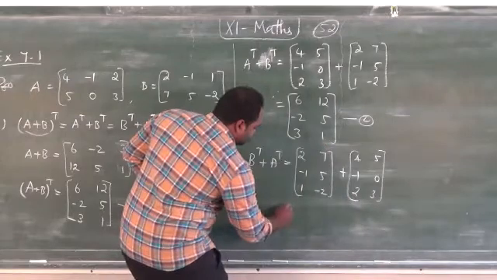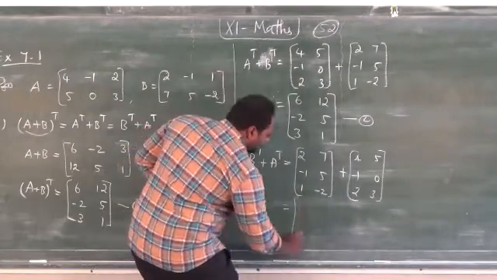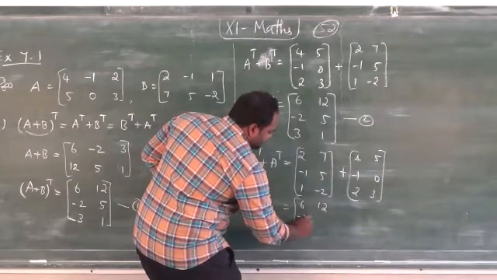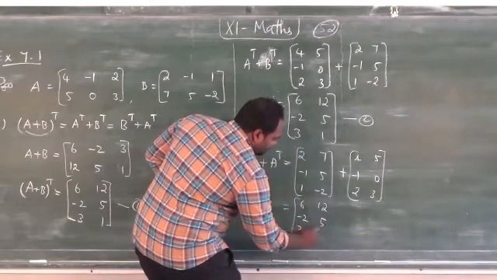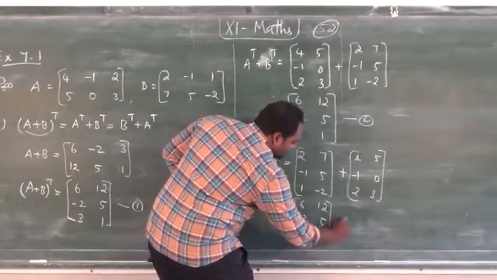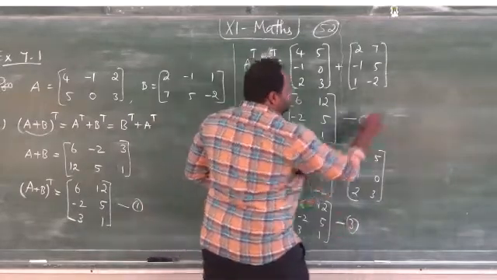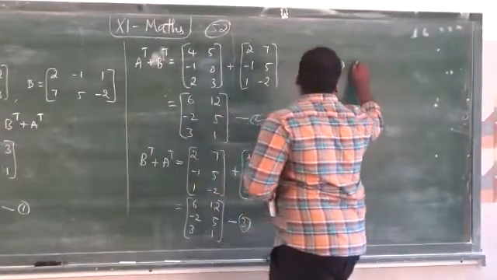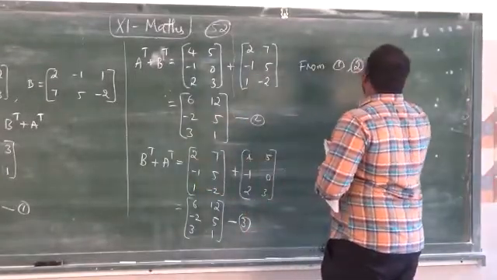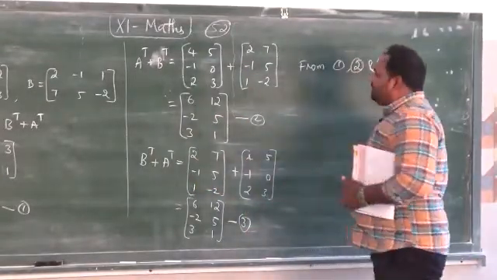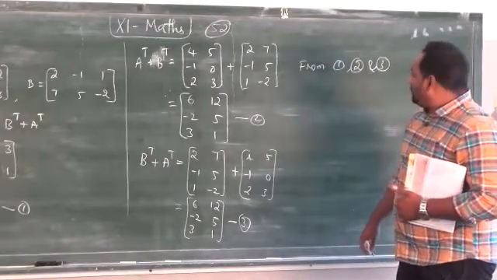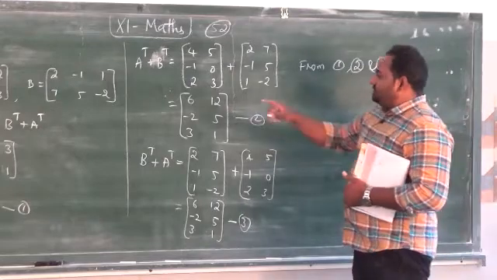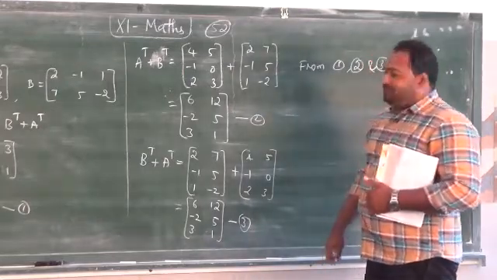If you add this, we get 6, 12, minus 2, 5, 3, 1. So this is 3. Look at 1, 2 and 3: all three answers are the same. So the given statement is verified.